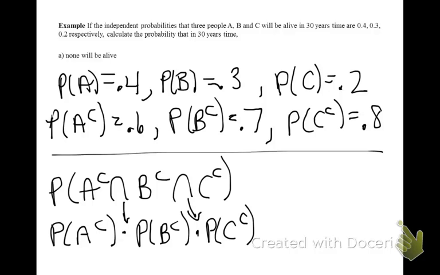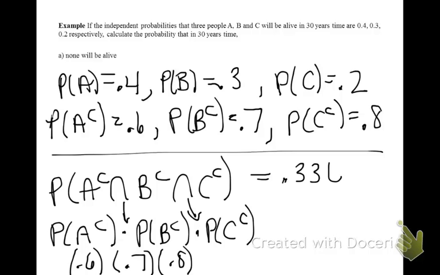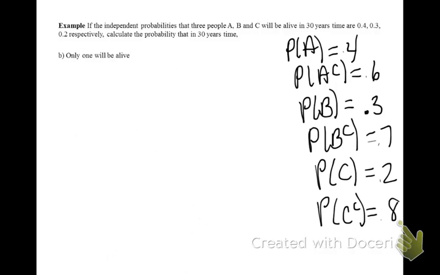And now if we plug in our numbers, the probability of A complement is 0.6, the probability of B complement is 0.7, and the probability of C complement is 0.8. So the answer to this problem is 0.336.